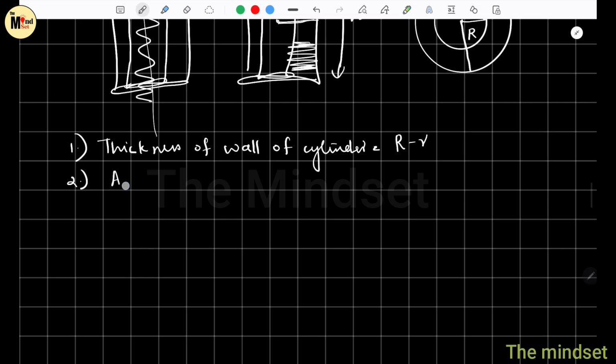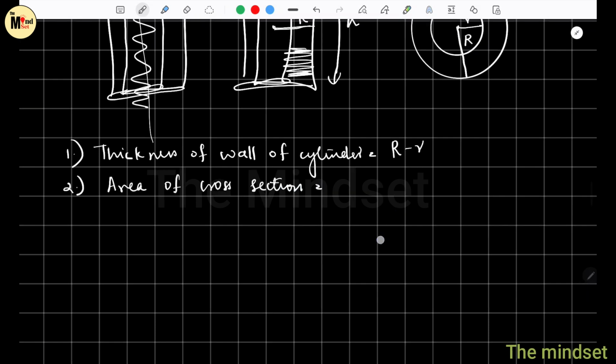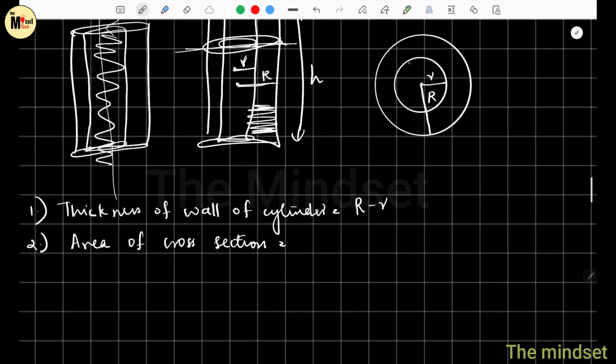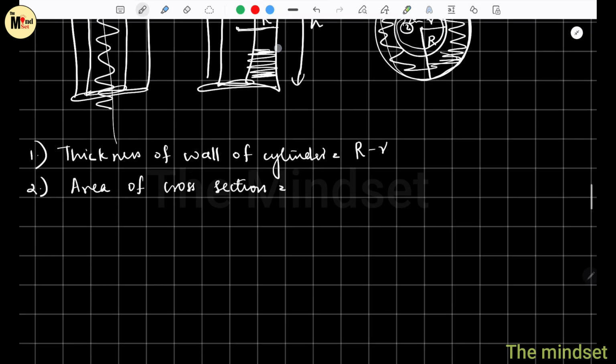Next is the area of cross section. We already have the cross section here. They are asking for the area of this much portion, because here it is empty. If we know the area of the first circle and the area of the second circle, we just have to subtract.